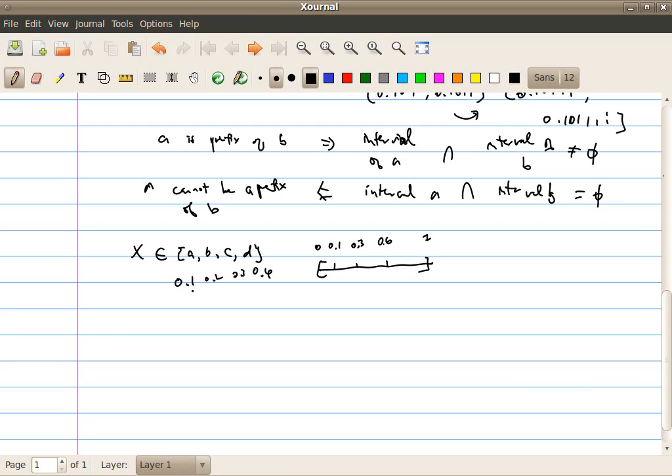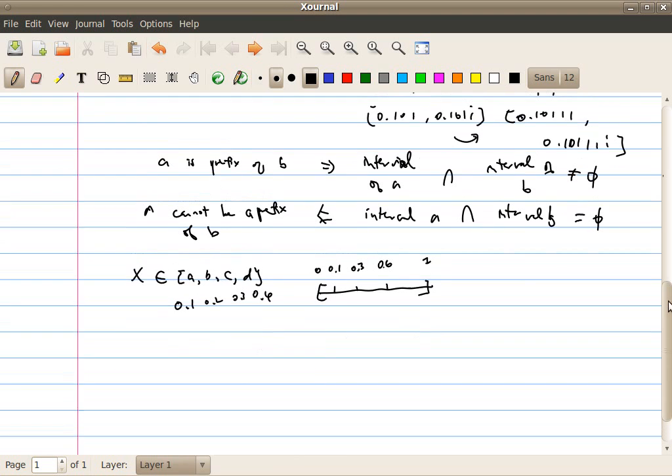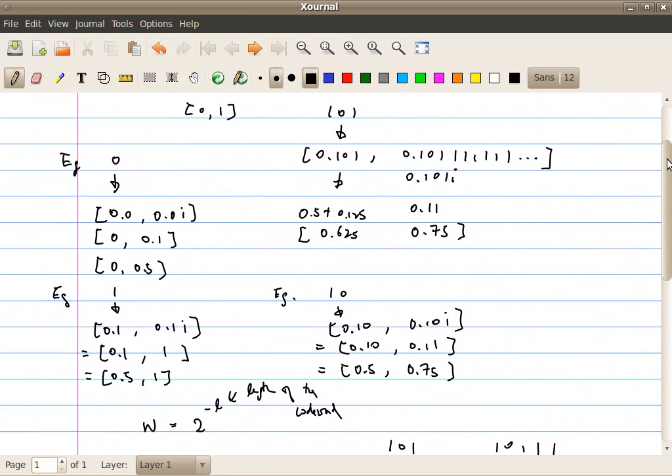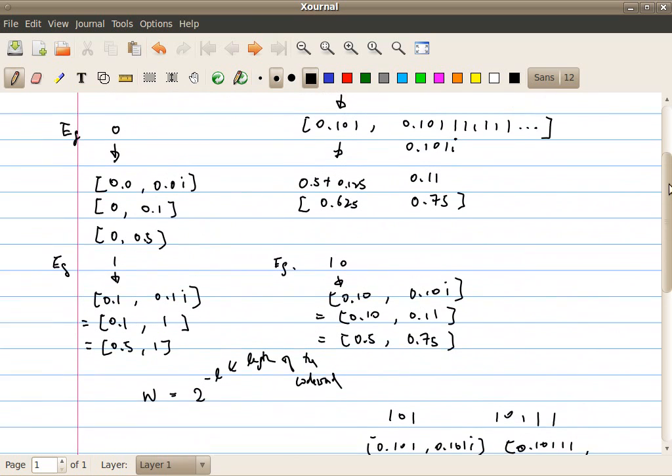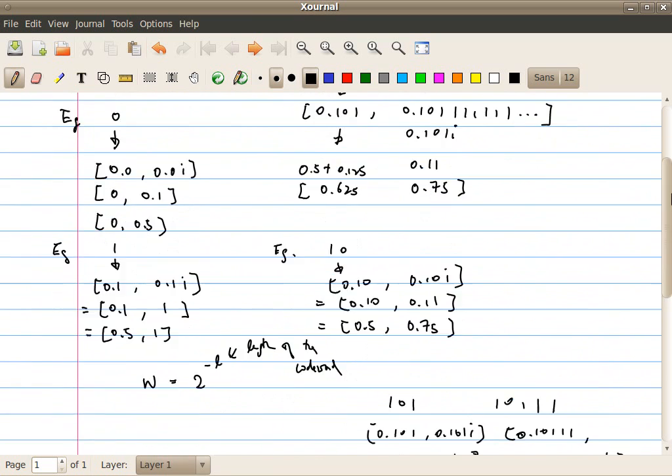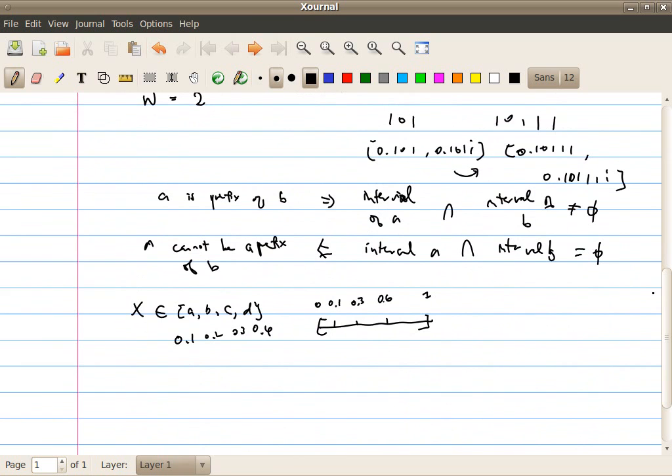From what we observed about mapping a code word to an interval using the construction we discussed earlier, we see that I will have a longer code word if my interval is smaller, and vice versa. More importantly, as long as the intervals of two code words do not overlap, the two code words cannot be a prefix of one another.